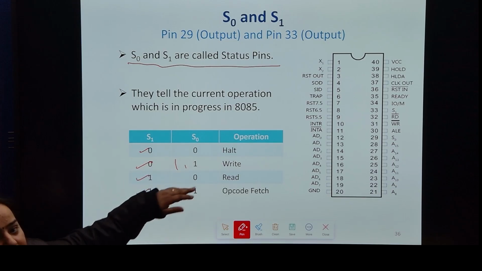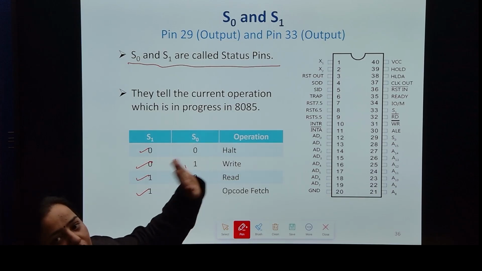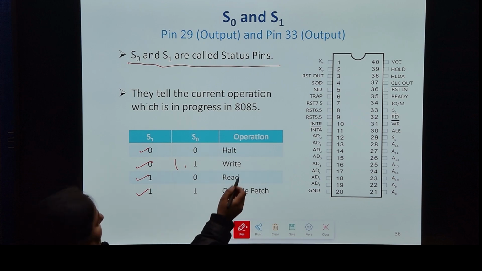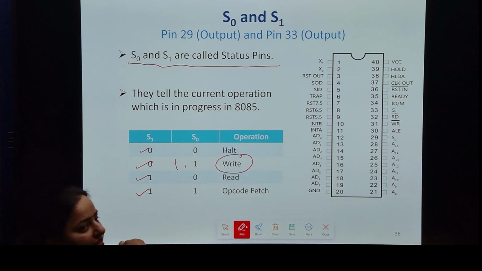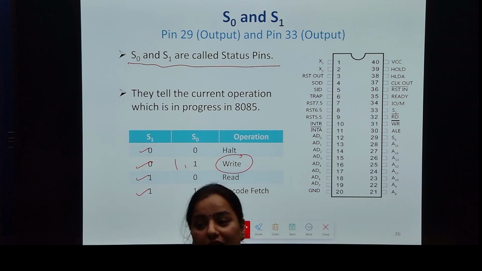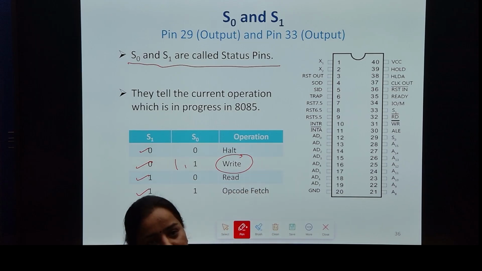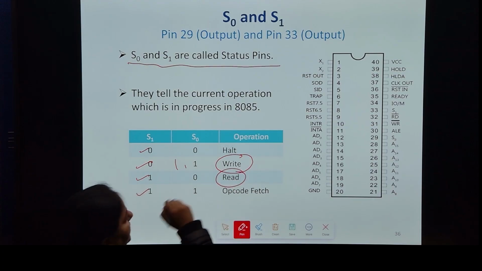0 0 means the microprocessor will halt the operation. Halt means stop the operation. 0 1 means the microprocessor will start writing the data. The microprocessor can write the data on memory or on a peripheral device, whatever device is connected with it. 1 0 means it will perform the read operation.